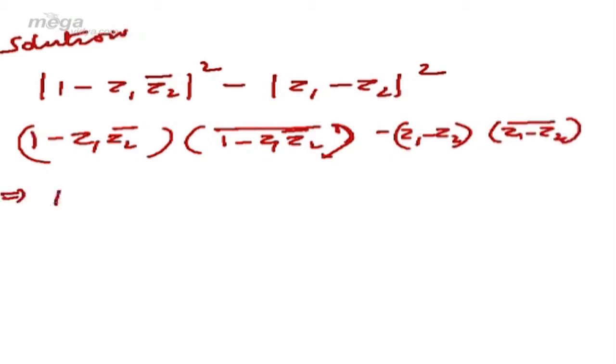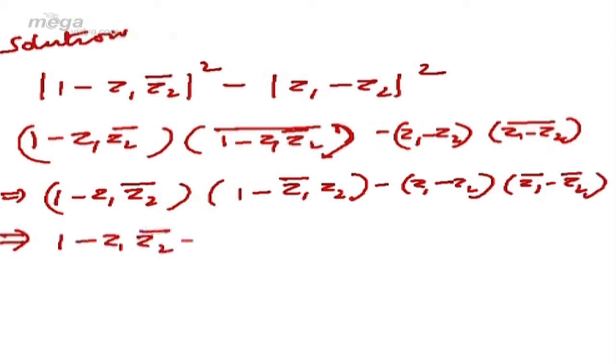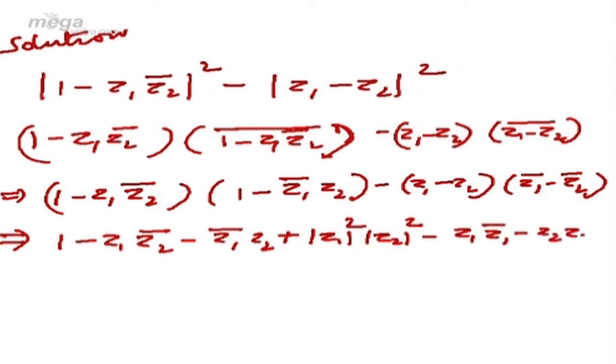This will become (1 minus z1 z2 bar)(1 minus z1 bar z2) minus (z1 minus z2)(z1 bar minus z2 bar), which is 1 minus z1 z2 bar minus z1 bar z2 plus z1 bar z1 z2 z2 bar, minus z1 z1 bar plus z1 z2 bar plus z2 z1 bar minus z2 z2 bar.